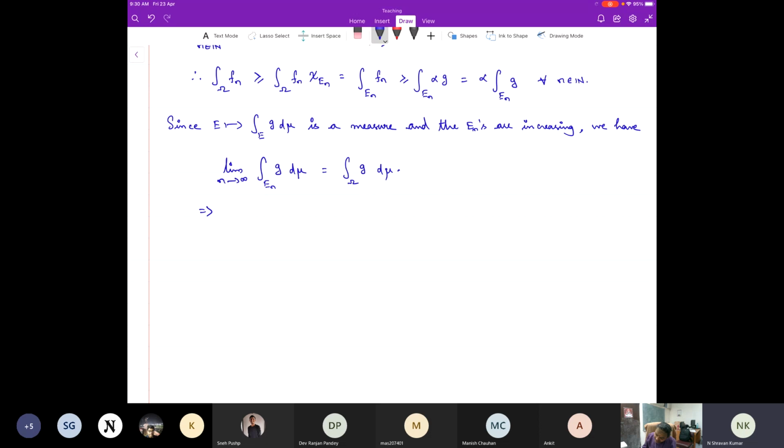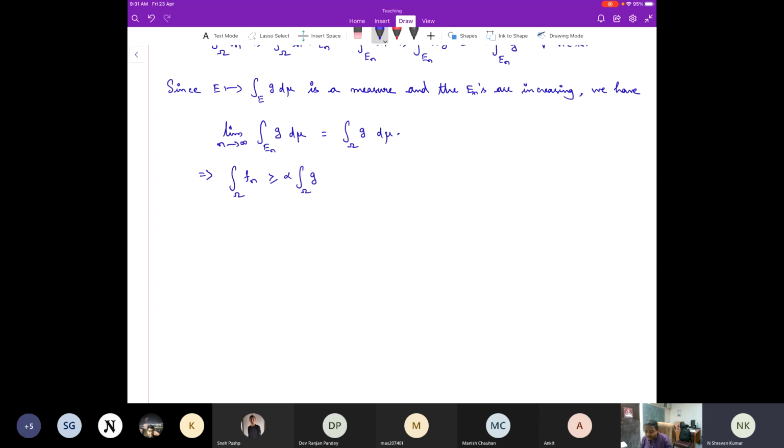Which immediately tells us that this is true for all n in N. Therefore, if I take the limit, the integral over omega of f_n is bigger than or equal to alpha times the integral over omega of g. Right.